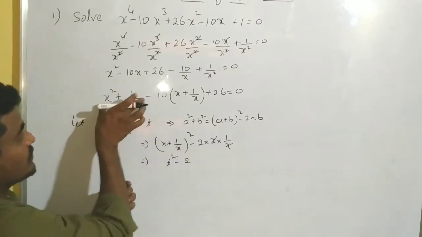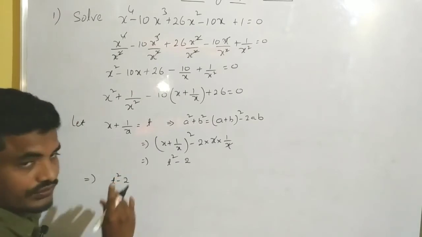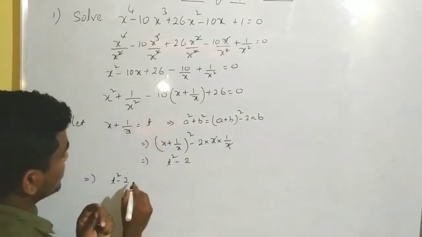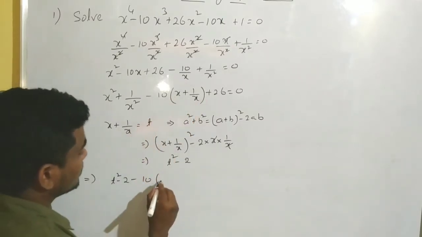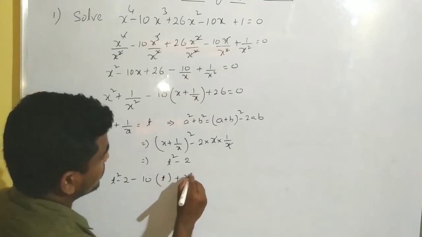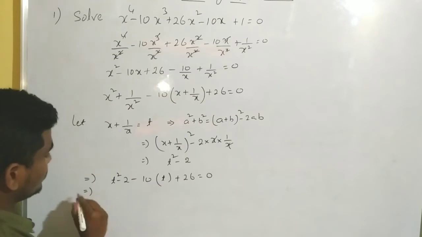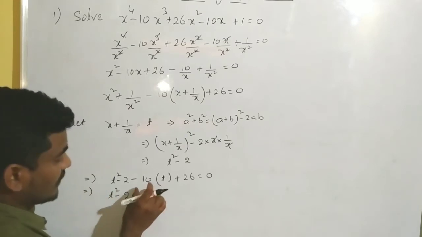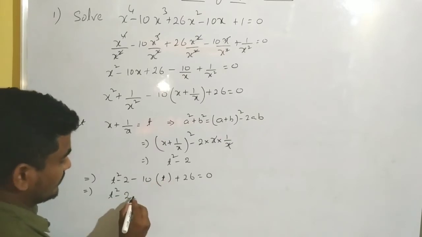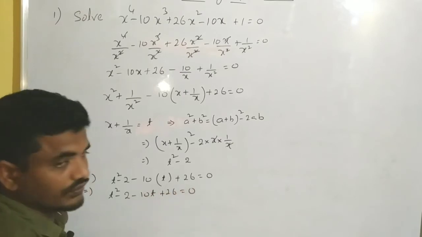This value I am going to substitute here. t square minus 2 minus 10 of this value we know, that is t, plus 26 equals to 0. After getting this, t square minus 2 minus 10 into t, minus 10t plus 26 equals to 0.